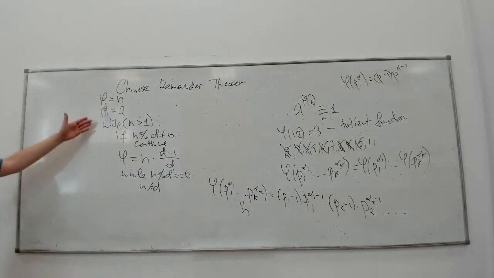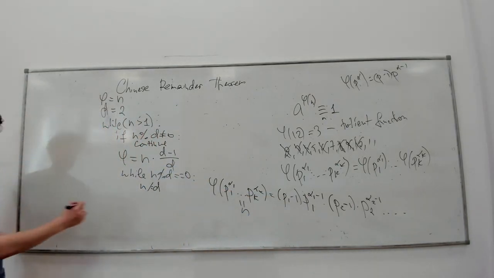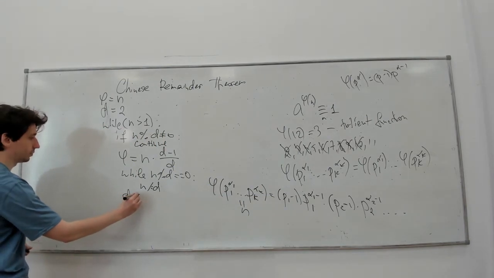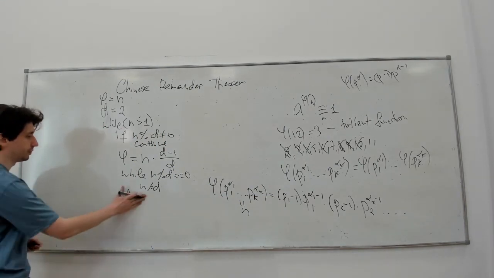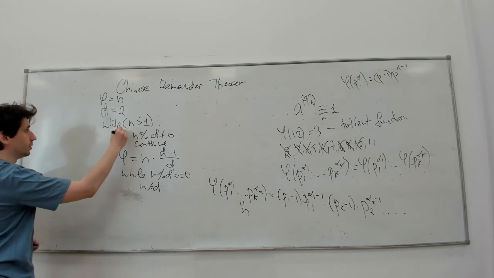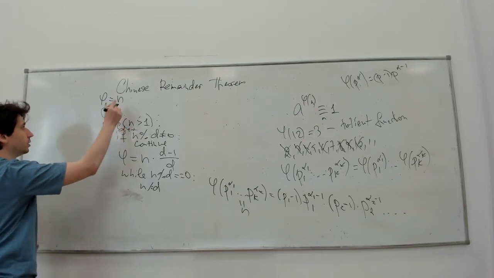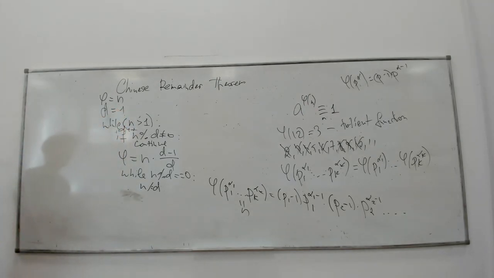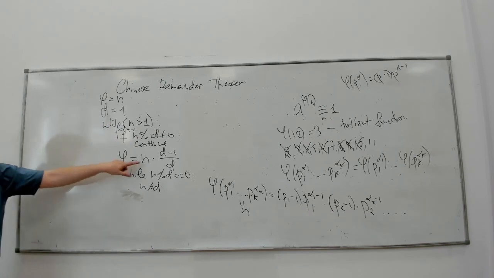So this is exactly what we're doing here. We increment d. We check whether it is divisible or not. If it's not divisible, then there is no problem. If it is, then we know that d is a prime number.